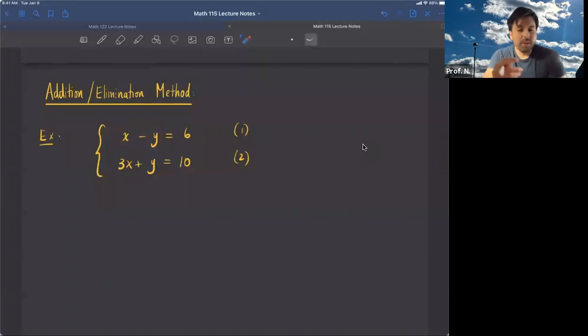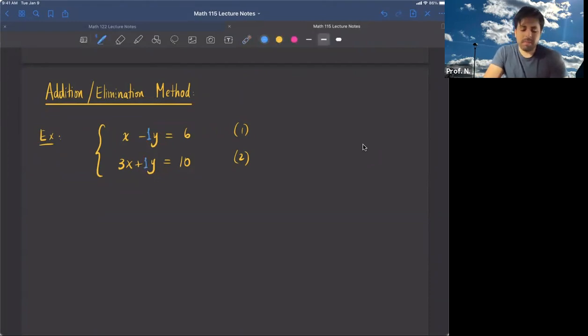But if you notice and be a little more perceptive, you start to realize, wait a minute, in both of these equations, I have this y here, but they're opposite sign. They're opposites. And it works out perfectly that both of them have a coefficient of -1 and +1. So what do you think we could do?